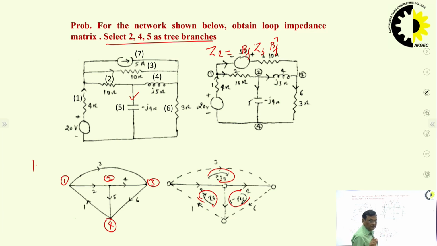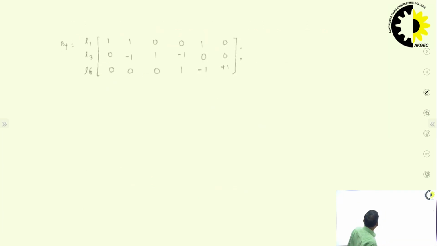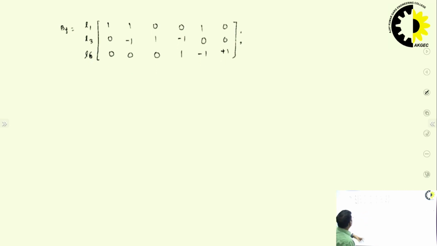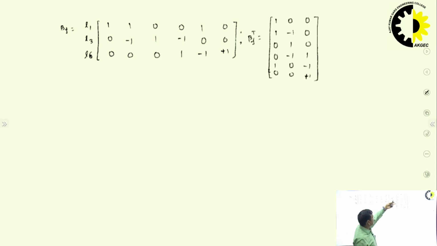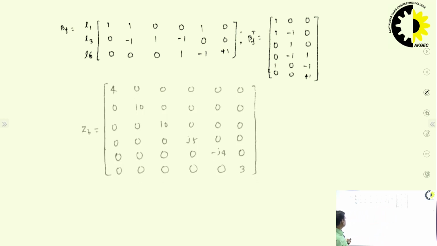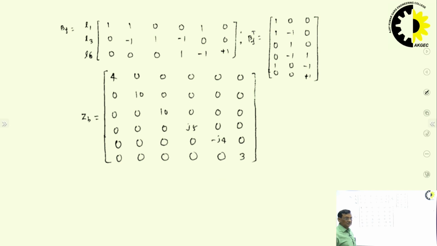Now, you can write the fundamental tie set matrix. This is L1, L3, L6. This is the fundamental tie set matrix. Now, take the transpose of this matrix. Now, write the ZB. ZB is a square matrix of order 6 by 6 because there are 6 branches.